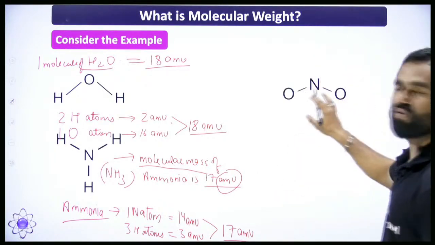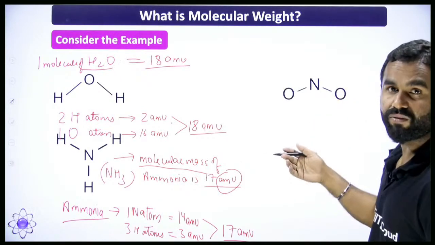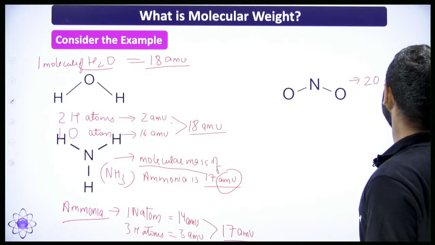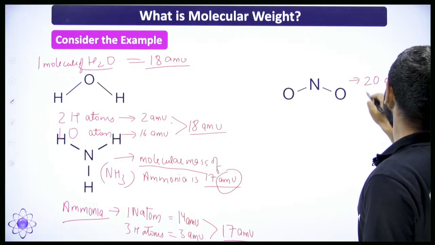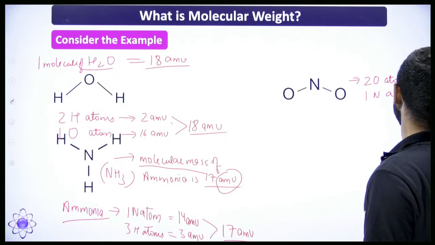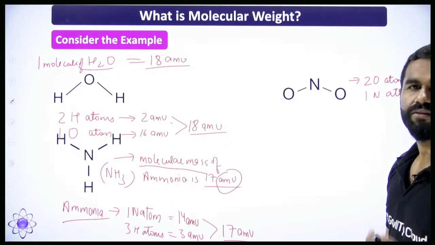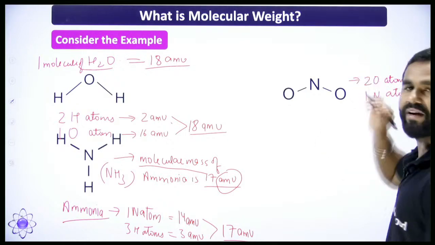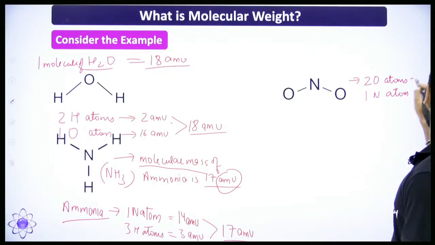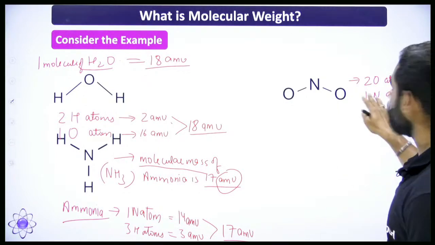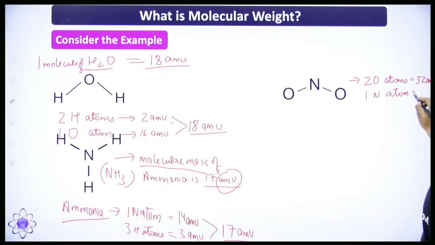Similarly, if I talk about NO2, this is nitrogen dioxide. It consists of 2 oxygen atoms and 1 nitrogen atom. The mass of 1 oxygen atom is 16 AMU, so 2 oxygen atoms have 32 AMU. The mass of 1 nitrogen atom is 14 AMU.